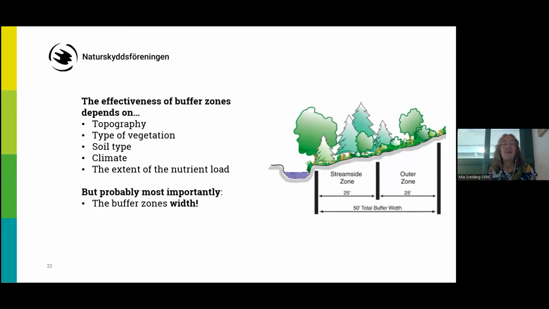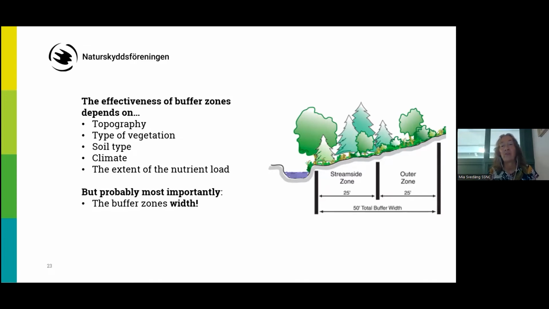How effective a buffer zone is depends on different factors. It depends on topography, which type of vegetation you have in the buffer zone, which soil type you have, and also, of course, the climate, which decides both temperature and how much it is raining and so on.